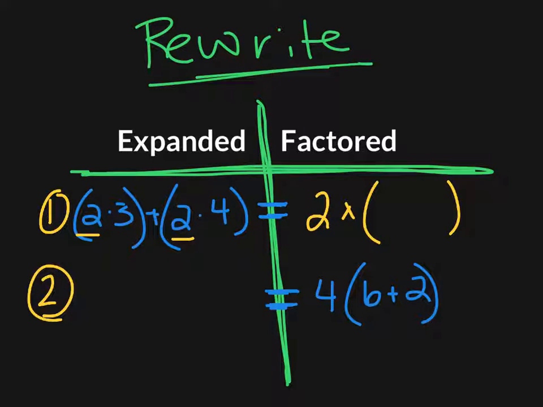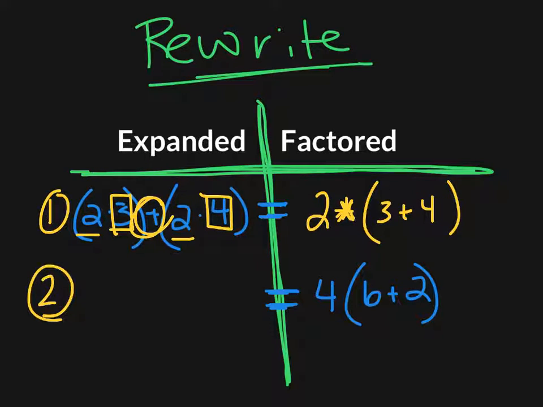So I'm going to have 2 times, because anytime a number is next to parentheses, it means multiplication, but if it helps you, you can write in that multiplication sign. Then in parentheses, that's where I'm going to fill in my other numbers, 3 and 4. And then all I have left is that plus sign, so in the middle of 3 and 4 is going to be my addition sign.